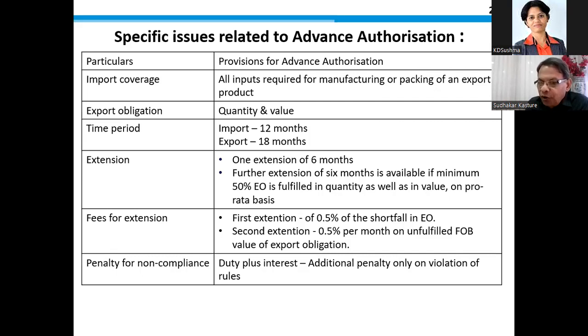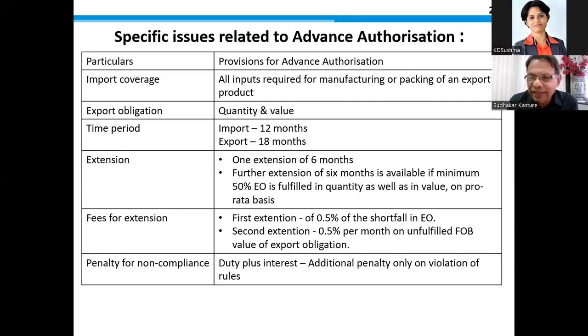And penalty for non-compliance: if you have taken authorization, you have imported the goods, but you did not complete the exports, normally government will recover duty, what you have saved, plus interest at 15% per annum rate. Normally, they will not charge you any penalty. Penalty will be charged only if you violate the conditions, not otherwise.